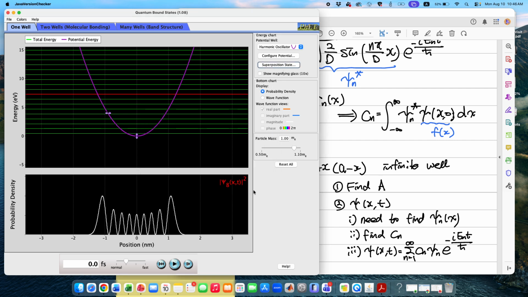Okay, so now I fixed the time, but if I run the time, again, because we are looking at a specific energy, just for that specific energy, we are looking at probability density function, or we are looking at just one wave function, right? But you can actually do superposition as well. Again, here, time independent, right? Now time is running, but probability density function does not change over time.